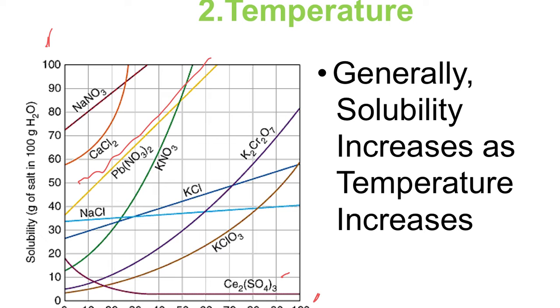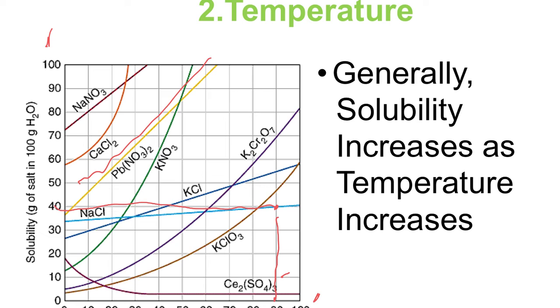You can actually use the graph here to figure out what the solubility is for certain compounds. So for instance, if you can have 40 grams of sodium chloride at 90 degrees.